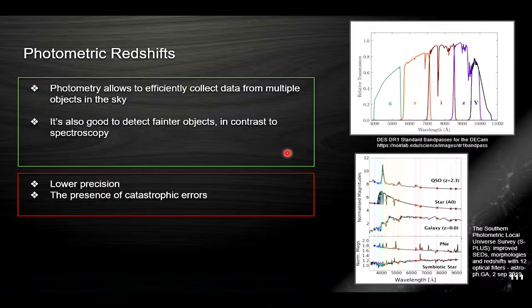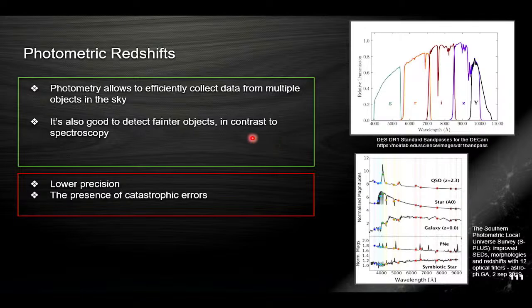You need to select your target, and if you have great equipment, you can have multiple spectra taken at once. If not, maybe you can just target a single object at a time. So this is expensive, this is complicated in terms of telescope time and engineering.